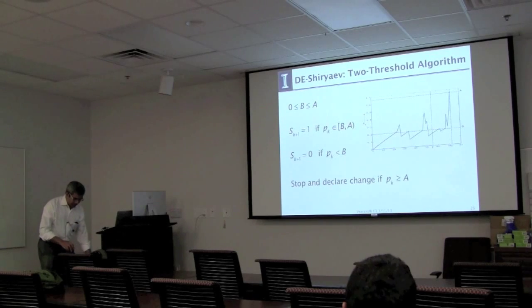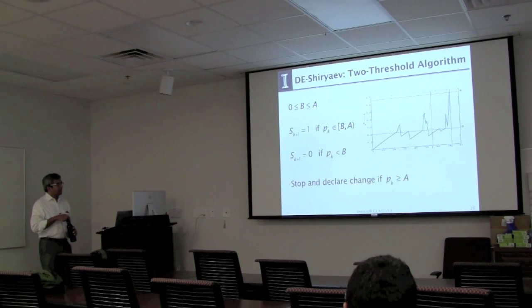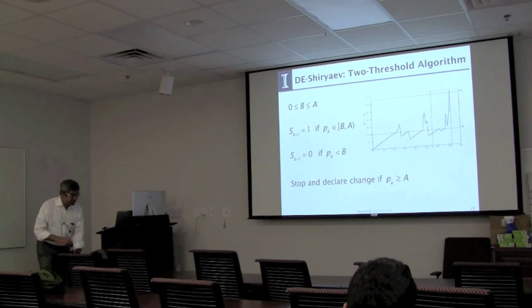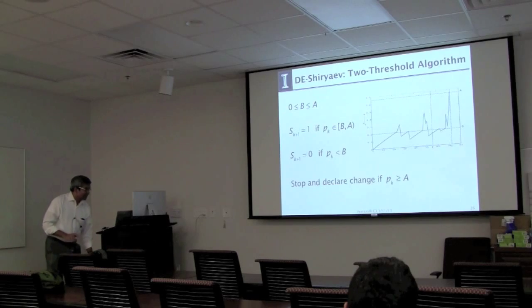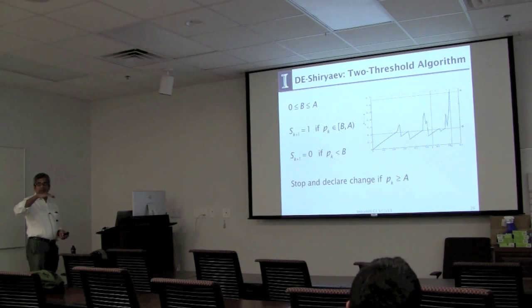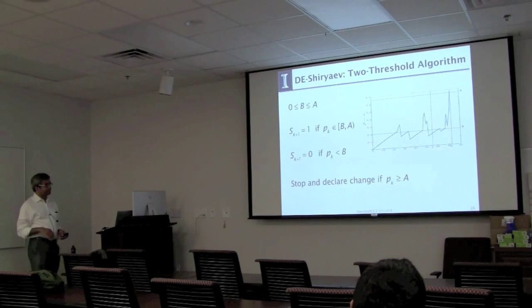Before I talk about this optimization problem in more detail, let's look at a test that might do something like this. A very simple modification of the Shiryaev test. We call this the DE Shiryaev test, data efficient Shiryaev. The Shiryaev test has one threshold A, which if the posterior probability of the change exceeds that threshold, you say that change has happened.